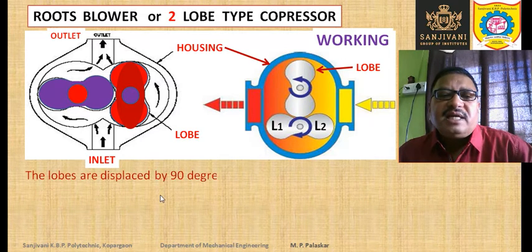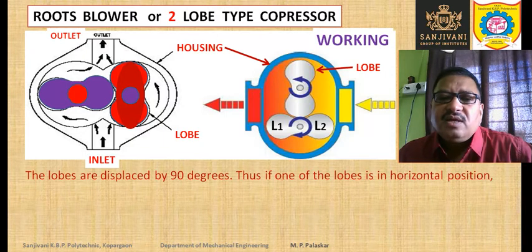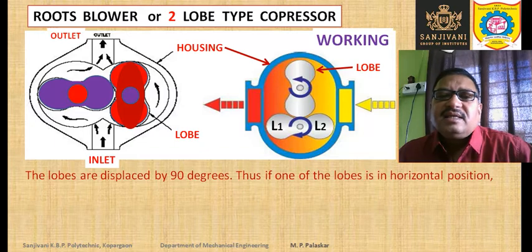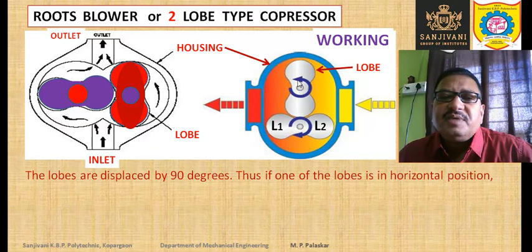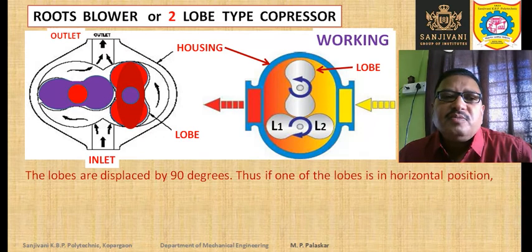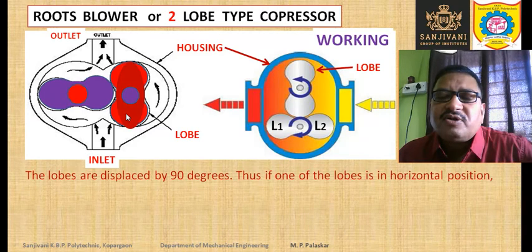The lobes are displaced by 90 degrees. Here you can see that the angle between these two lobes is always 90 degrees. If one lobe is vertical, the other will be horizontal. You can see that this lobe is vertical, so this lobe is horizontal. It is not necessary that they will always be vertical or horizontal.